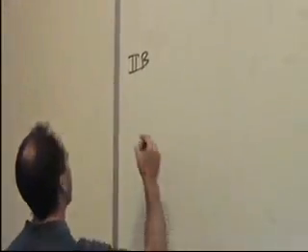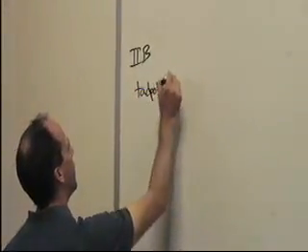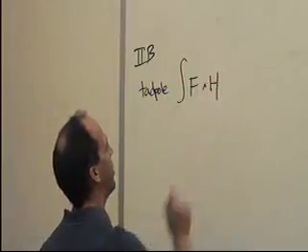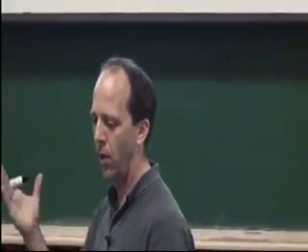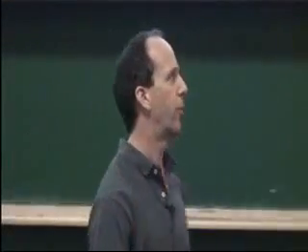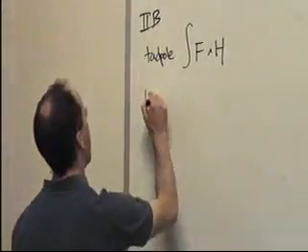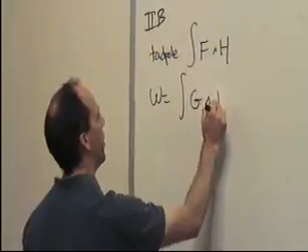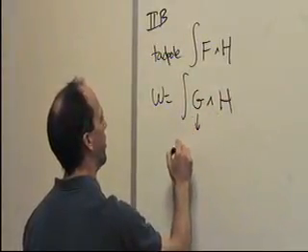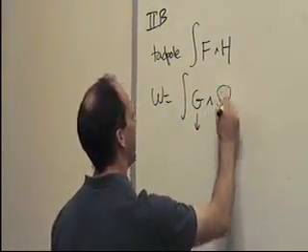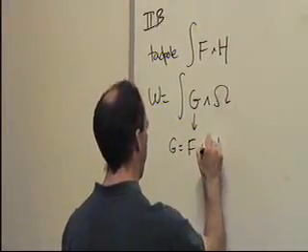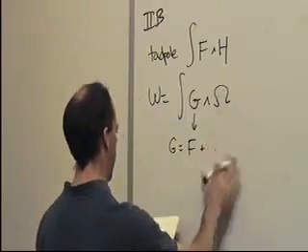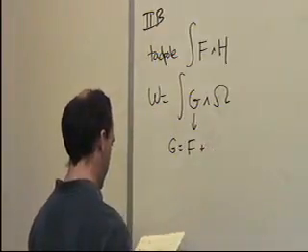Basically, you can turn on fluxes. There's a tadpole, which is an integral of F wedge H. So if you have an orientifold, and instead of canceling the orientifold charge with D-branes, you cancel it with F wedge H. And then there's a contribution to the superpotential, which looks like the integral of G wedge Ω, where G is equal to F plus iφH. Let me make sure I get the thing roughly right.